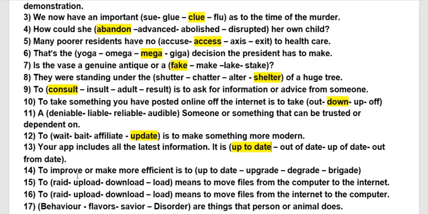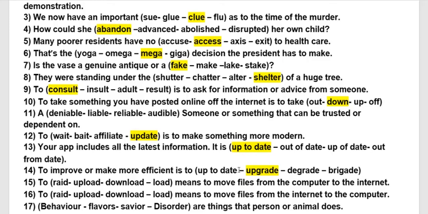To improve or make more efficient is to upgrade. Upgrade, degrade, or mitigate. The meaning of upgrade is to improve or make more efficient.